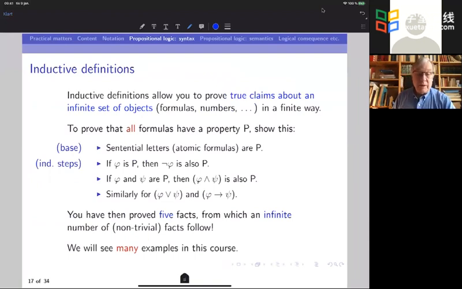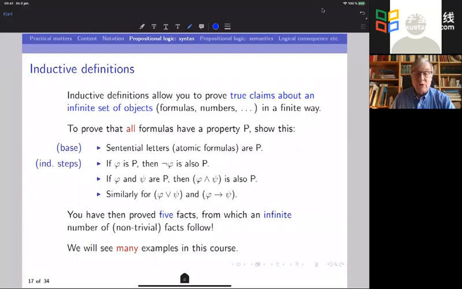Let's get back to inductive definitions. The point of them, as I already said, is to prove true claims about an infinite set of objects, which can be formulas or numbers or proofs or derivations or anything that has been inductively defined.